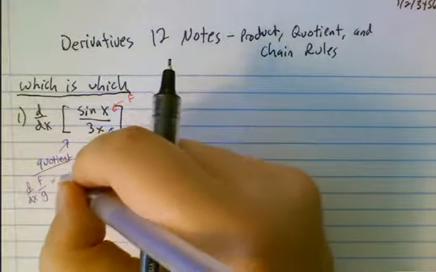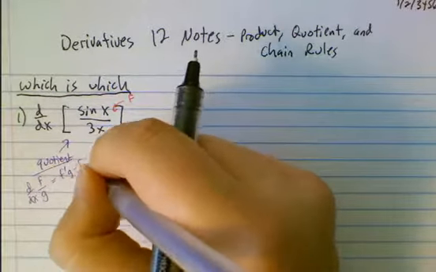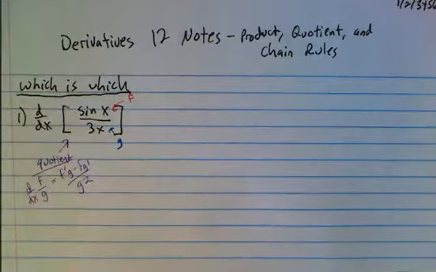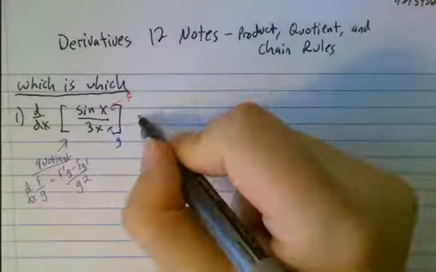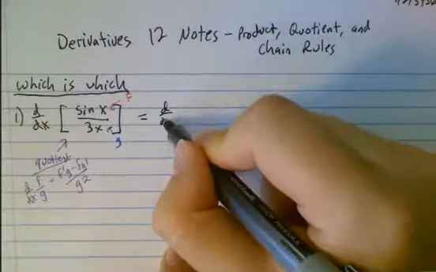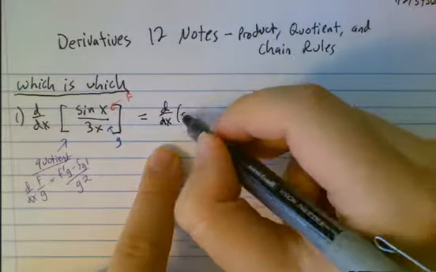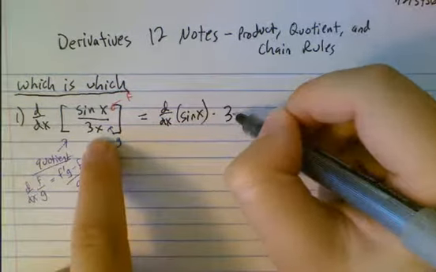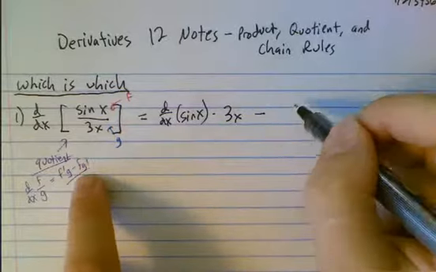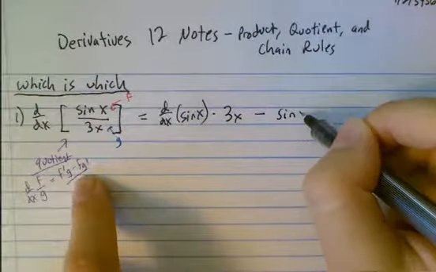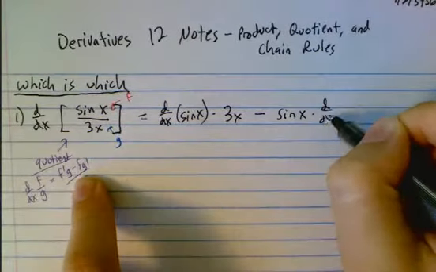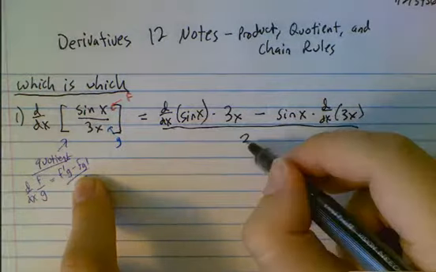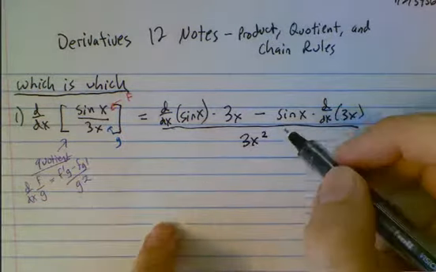The derivative of f of x over g of x is f prime g minus f g prime over g squared. Go ahead and go for that. So we've got the derivative of sine of x times 3x minus sine of x times the derivative of 3x, all over 3x squared.